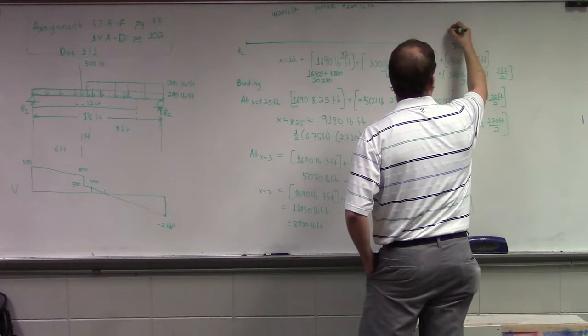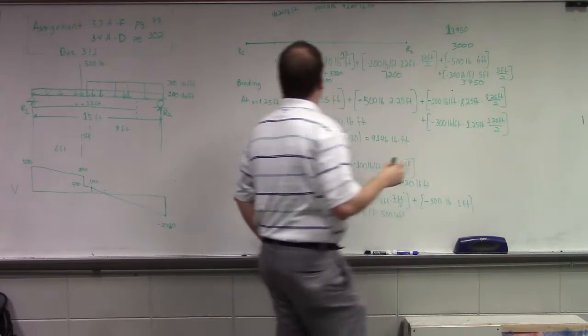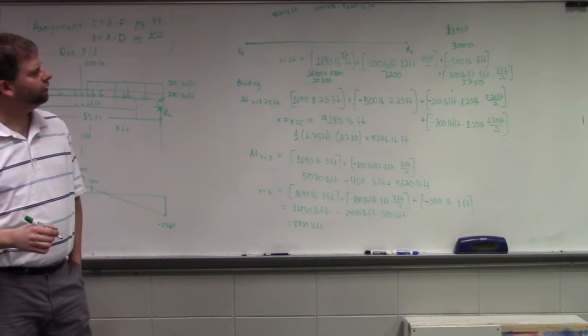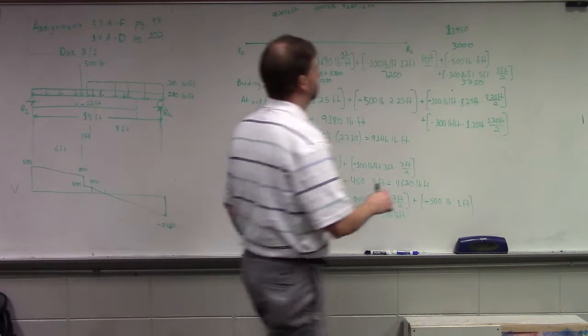So 20,280 minus 13,950? 6,330 is what I got.